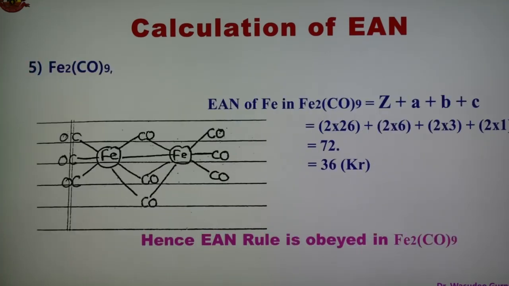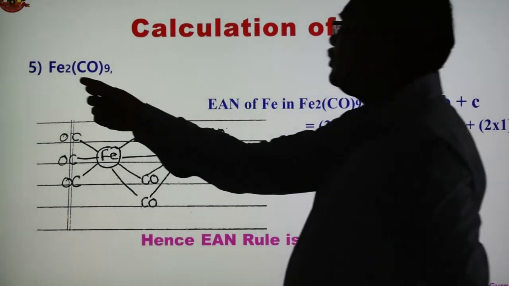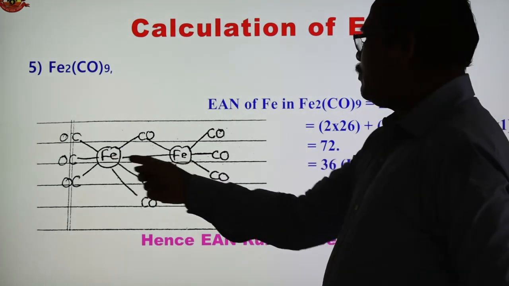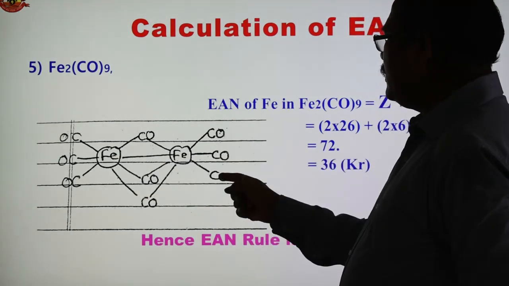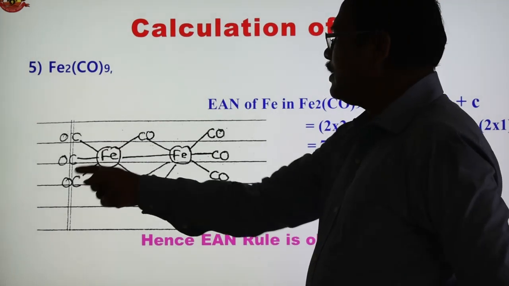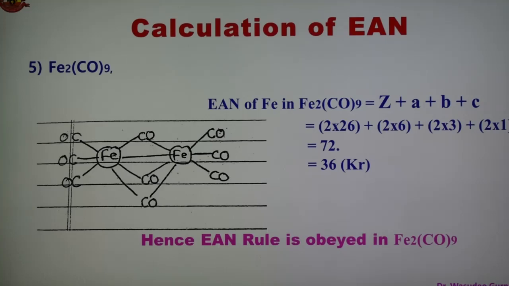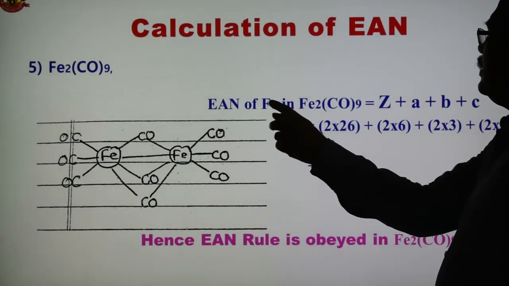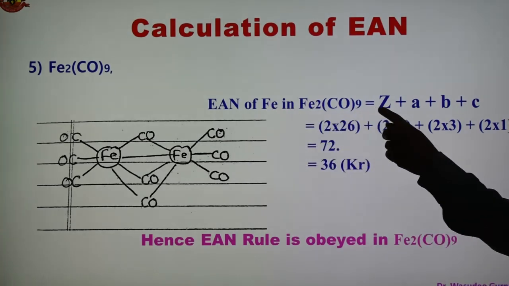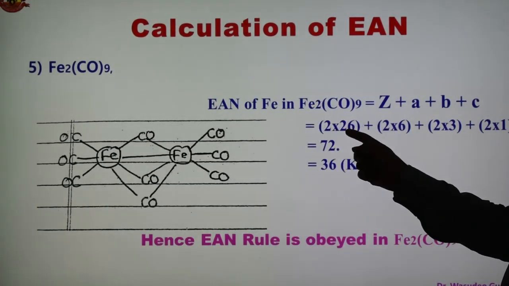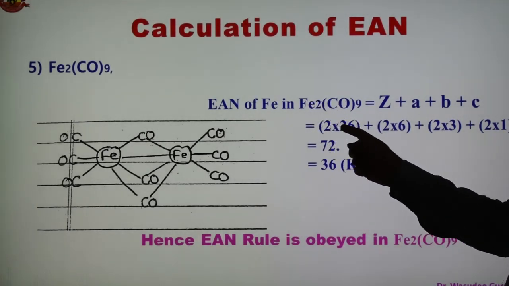Now the next example is Fe2CO9. Two metals are there, and the structure of this complex has an Fe-Fe bond and 3 terminal carbonyls on each metal, and 3 bridging carbonyls. So this is the structure of Fe2CO9, and the EAN of Fe in Fe2CO9 is Z plus A plus B plus C. Z, the atomic number of Fe, is 26, and 2 metals are there, so 2 into 26.